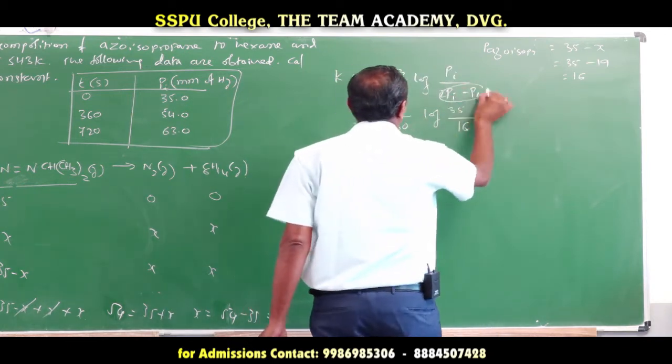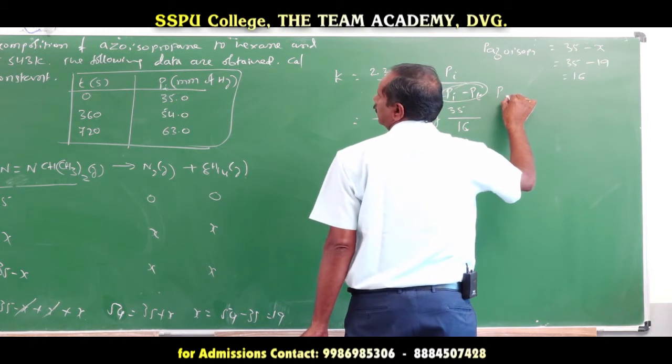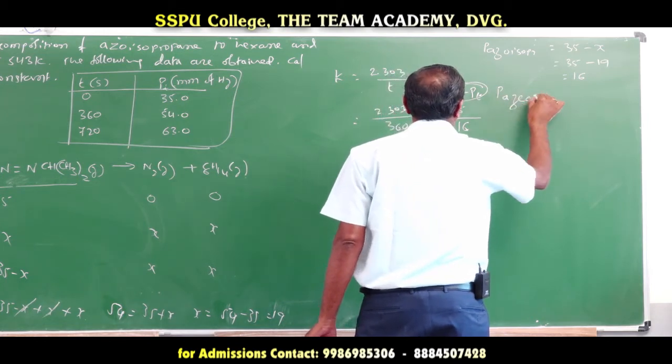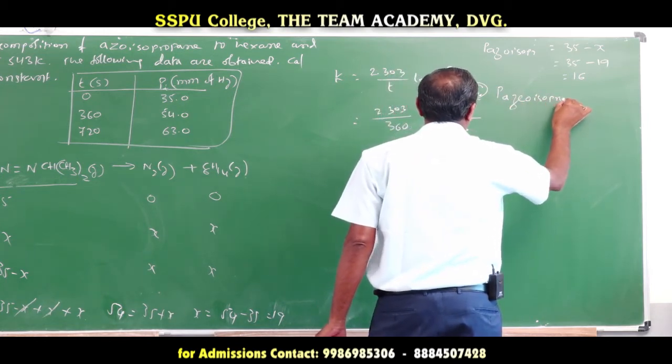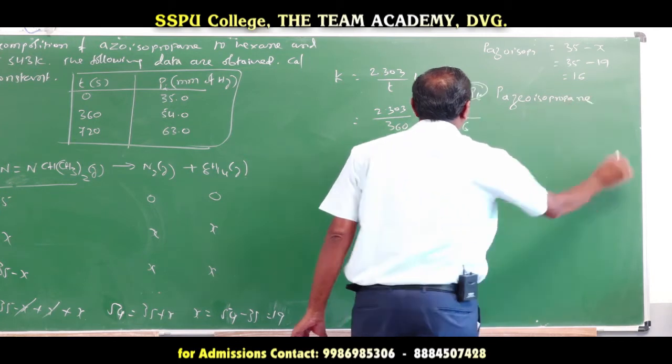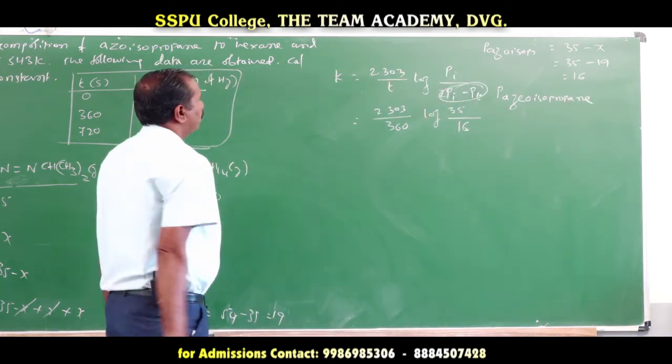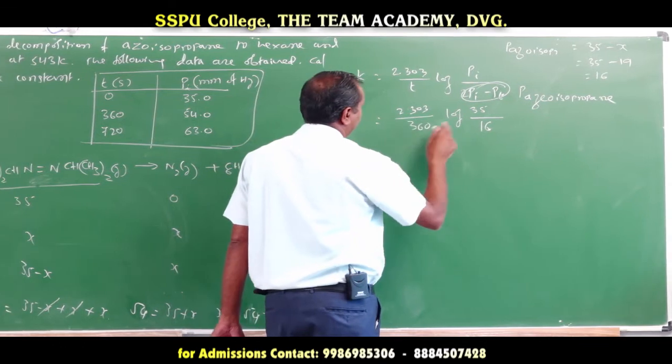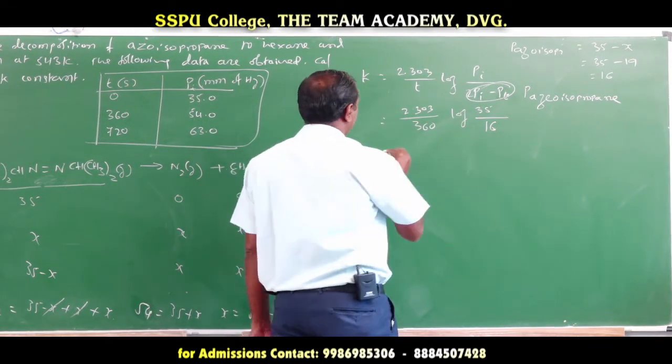Or we may write the partial pressure of azoisopropane. So K equals 2.303 divided by 360 into log of 35 divided by 16.